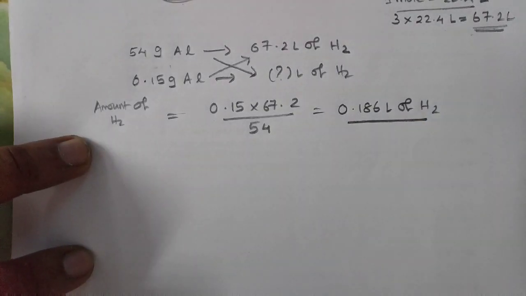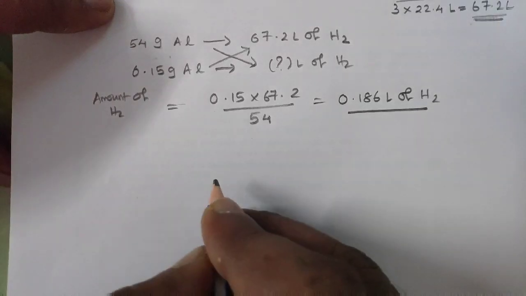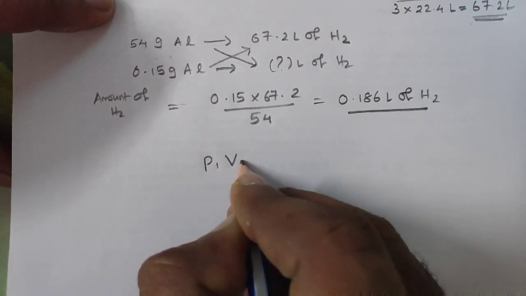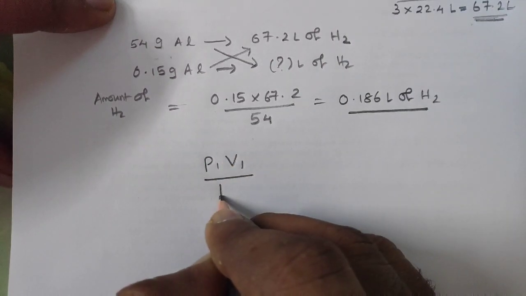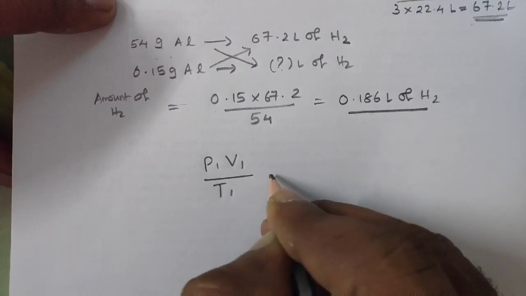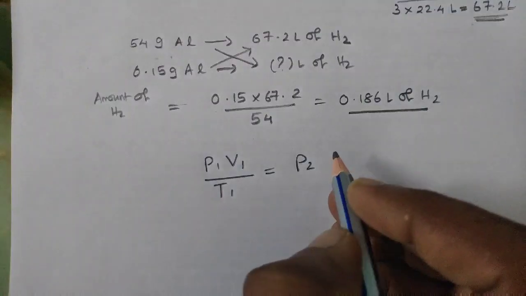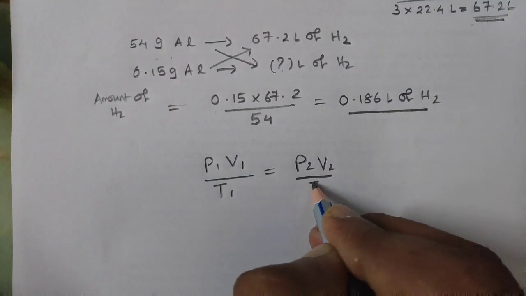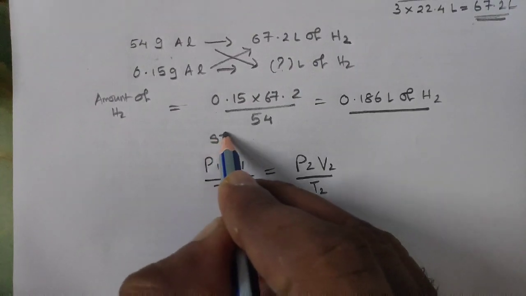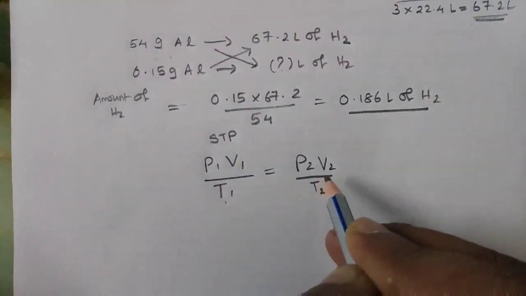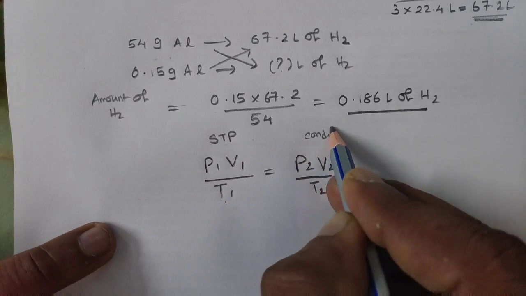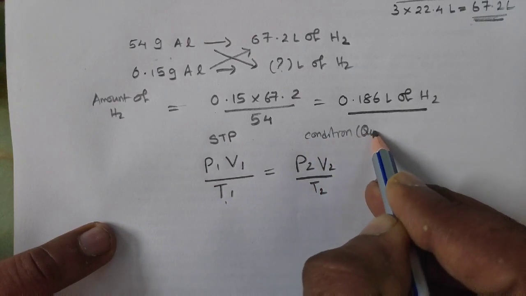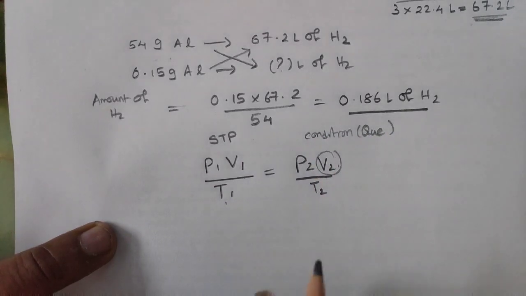Now the next part. Now we know the formula, P1V1 upon T1 is equal to P2V2 upon T2. This is the STP part we are talking about, and this is the condition given in your question, right? In this you have to find the volume.